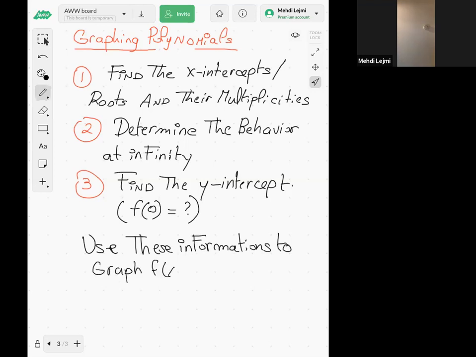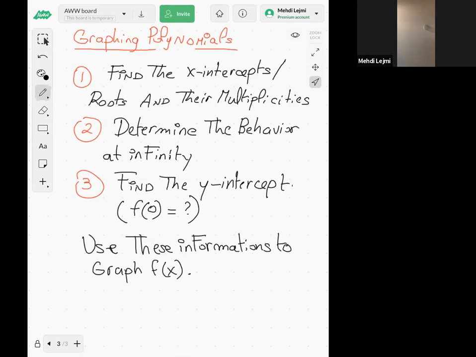So we have 10 minutes, I guess. That'll probably be enough for one example. So I'm going to do one example, and then next time, guys, I'm going to give you an exercise where we have to graph polynomials. So let me do one example at least.